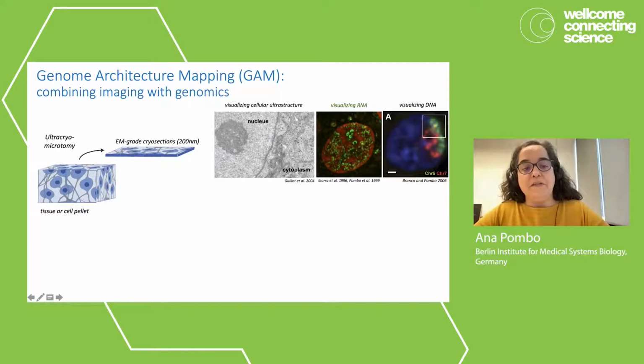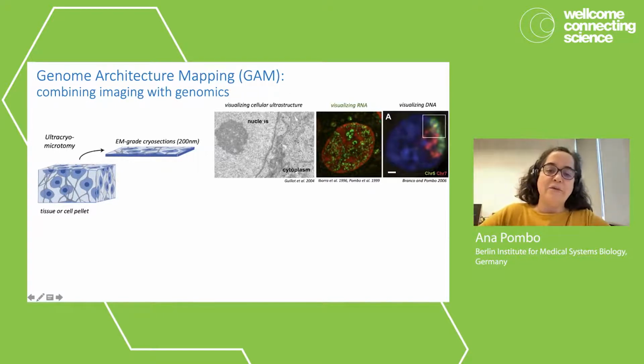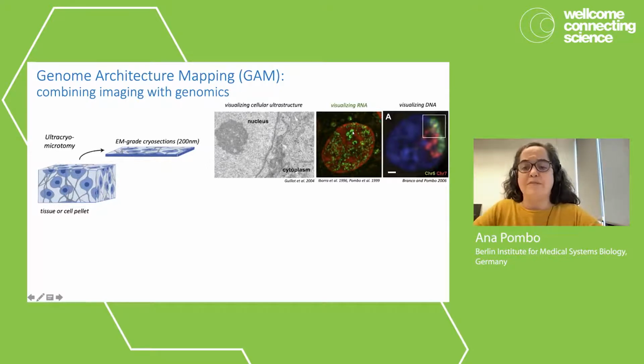Initially, as a PhD student and then in my own lab, I used these sections to probe the structure of the genome, especially to understand the organization of chromosomes, whether they're mixed or not, and also to localize the position of specific molecules, such as RNAs or proteins, all while retaining exquisite structure that can be achieved in electron microscopy.